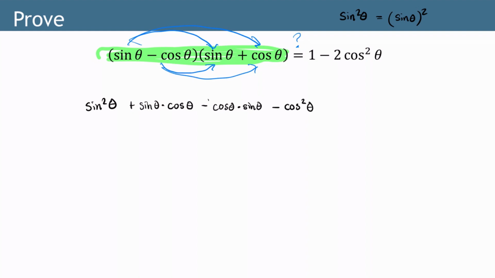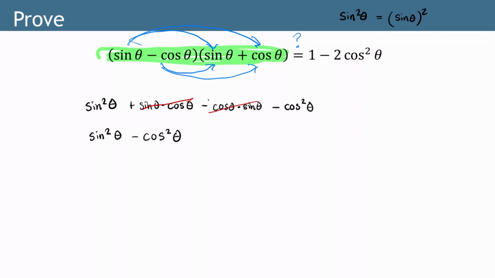All right, so what do I see? Sine, cosine, sine, cosine. The order's swapped, but again, multiplication order doesn't matter. And so those two things actually cancel. Goodbye. And then I get what? Sine squared theta minus cosine squared theta.